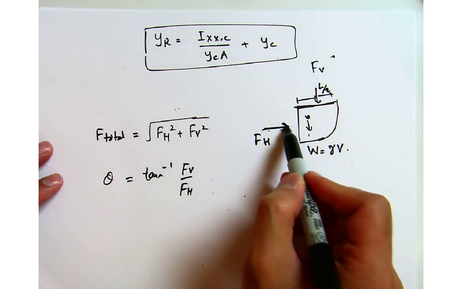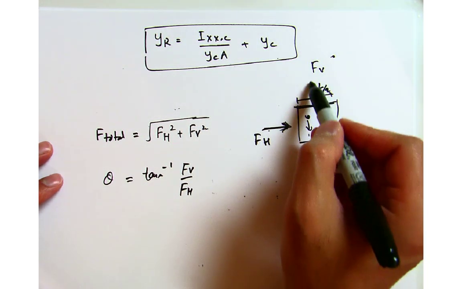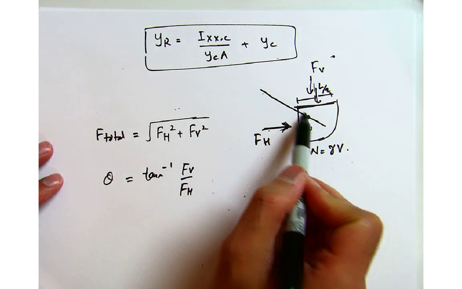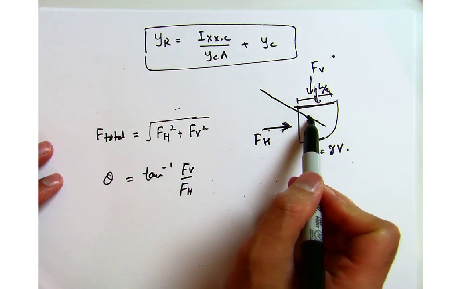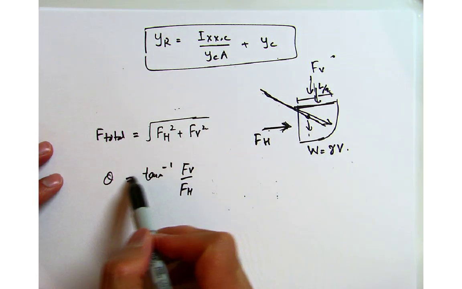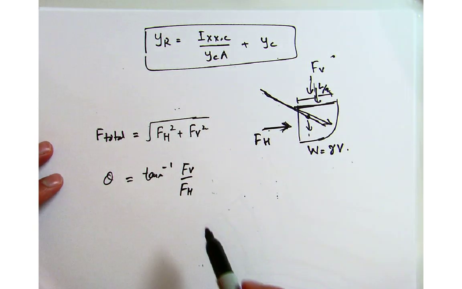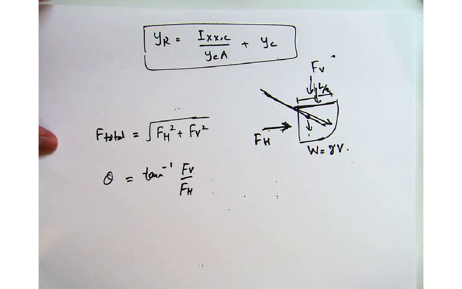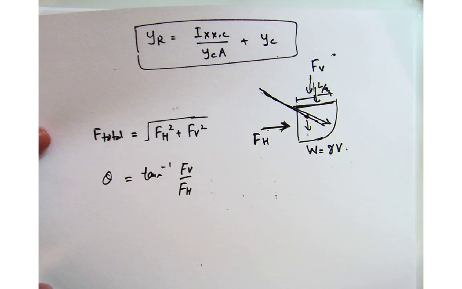You have a horizontal force acting this way and vertical forces acting this way, so the resultant might or might not, but it will pass somewhere over here. This is given by this angle theta, so you can compute that theta, and you have the magnitude of the total force.